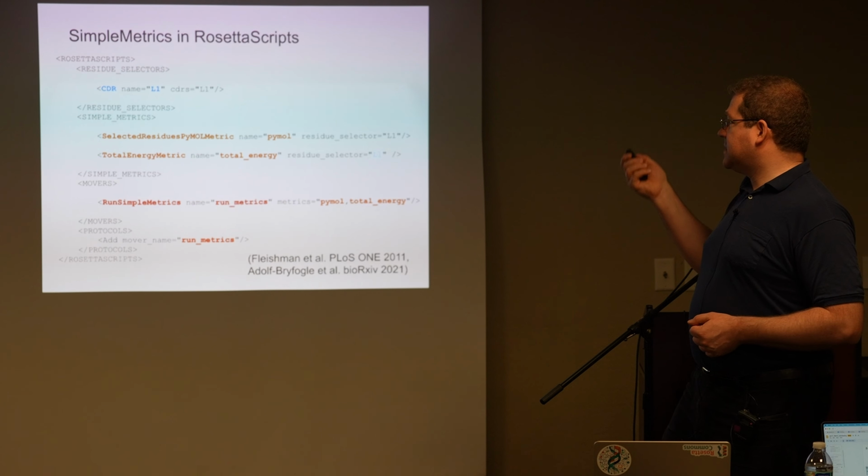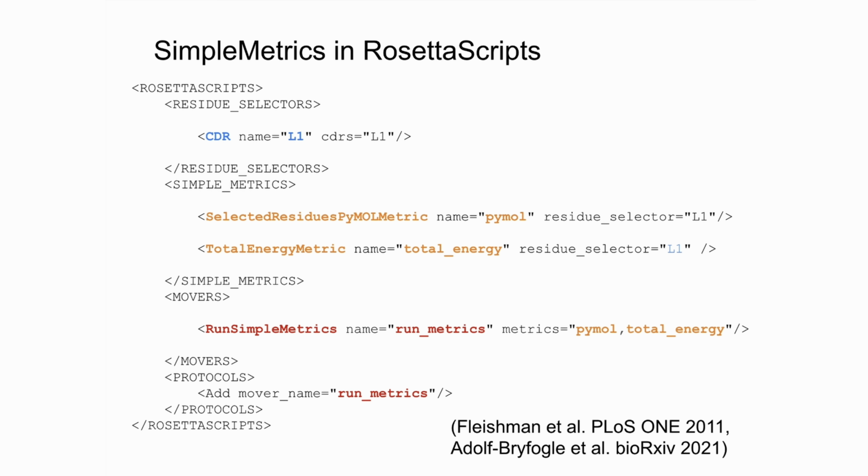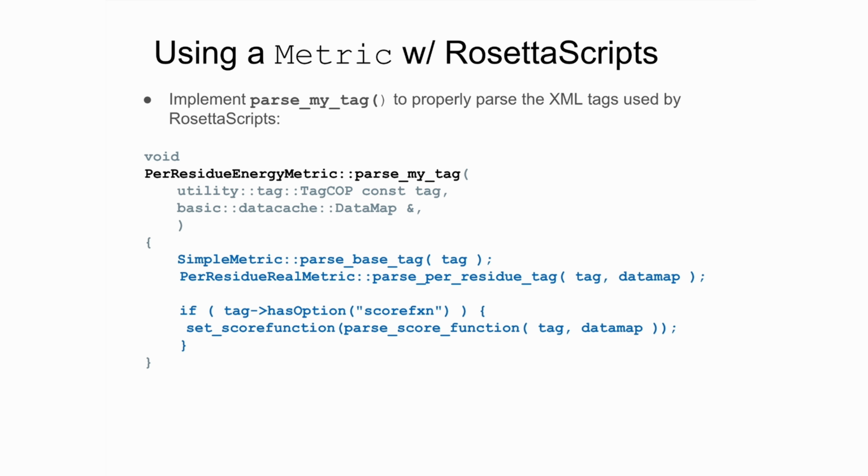And then just again, the example of using a different SimpleMetric within the XML system. The way you hook this into the XML system is with the parse my tag, using a very, very similar sort of thing.